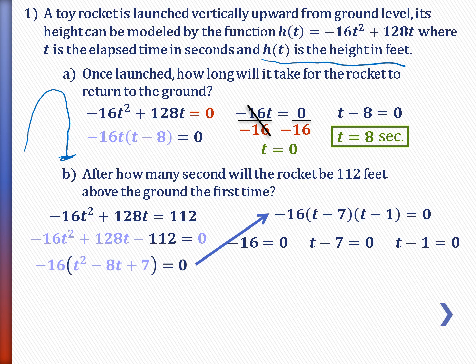Well, negative 16 will never equal 0, so it's out of here. I get t equals 7 and t equals 1. But remember, we want to know when it will be 112 feet above ground the first time. So the first time is at 1 second.